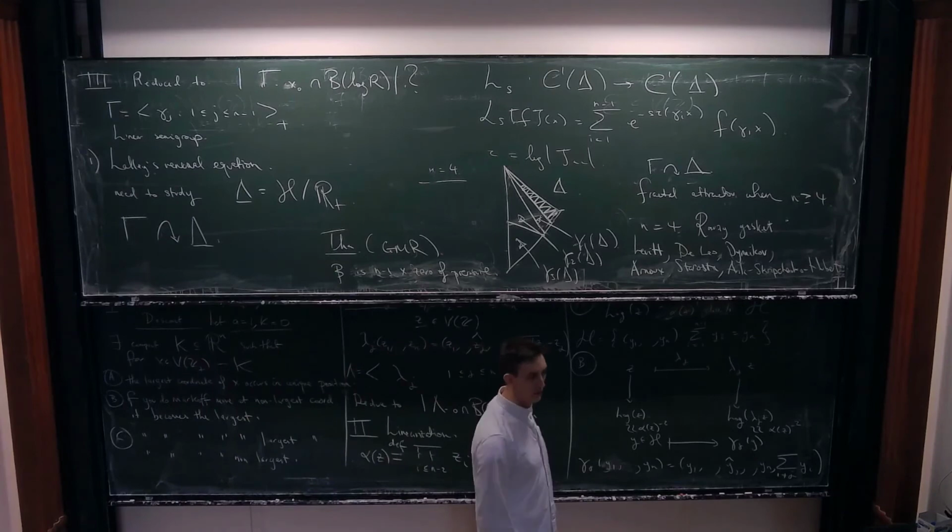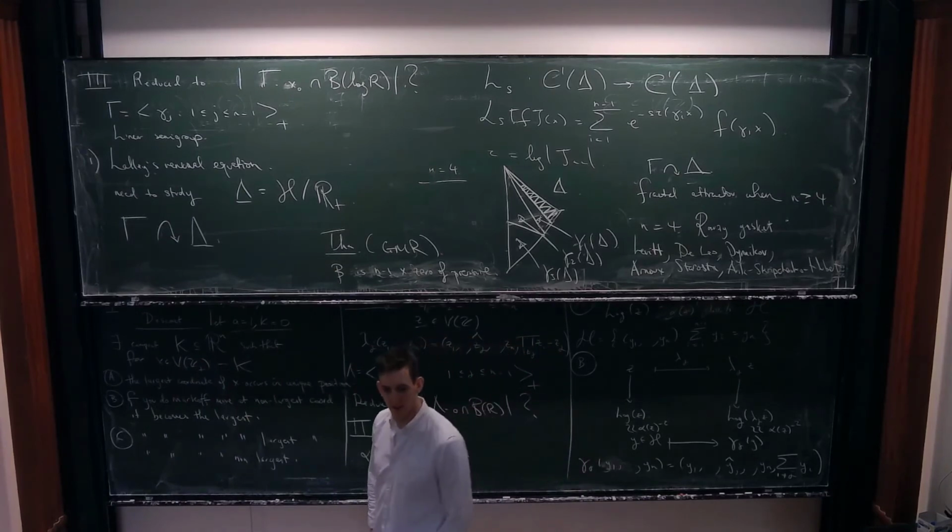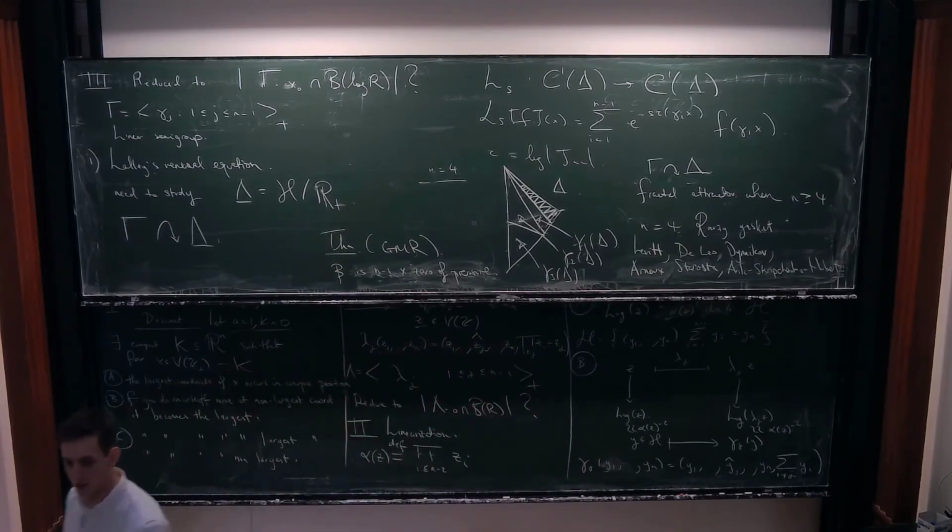Other questions? Is the beta exponent in your theorem related to like Hausdorff dimension? There's a conjecture of an inequality, but it's not the same. The basic answer is it's not the same because the dynamics is not conformal. So there are different Lyapunov exponents.